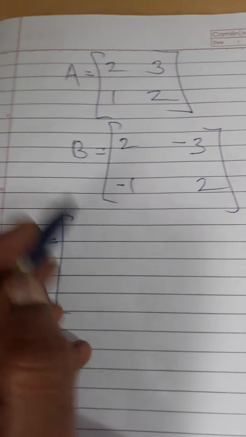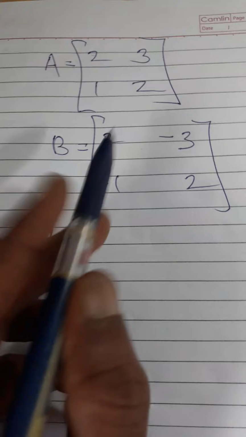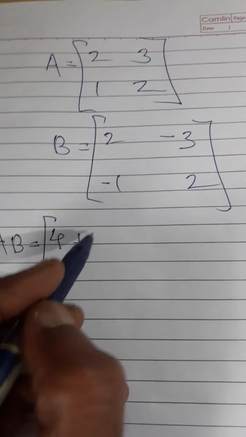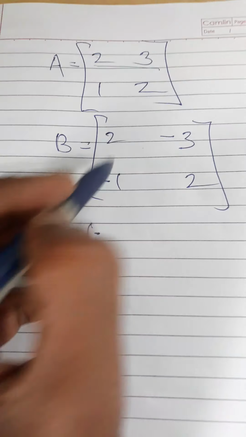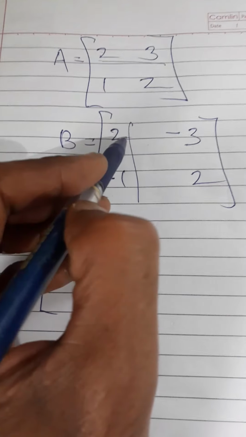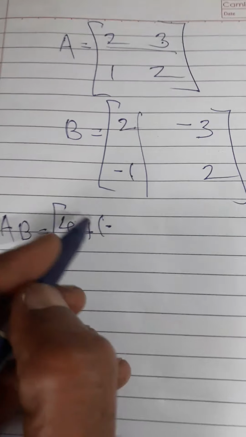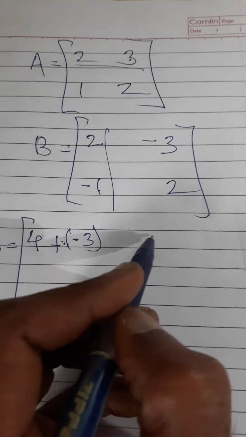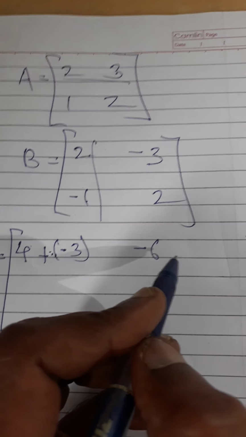So A into B will be what? First row, first column: 2 into 2 is 4, plus 3 into minus 1 is minus 3. First row, second column: 2 into minus 3 is minus 6, plus 3 into 2 is 6.